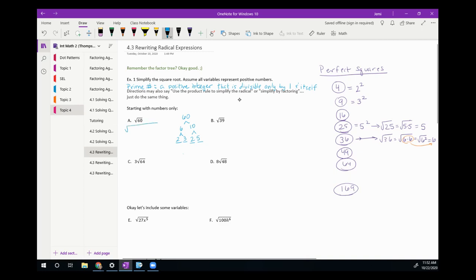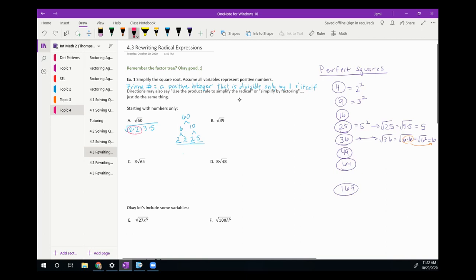So I can rewrite the square root of 60 as 2 times 2 times 3 times 5. And I'm just multiplying these factors that I've got down here. Now I'm going to go through and I'm going to look for my pairs. Because the square root of 2 times 2, well, 2 times 2 is 4.